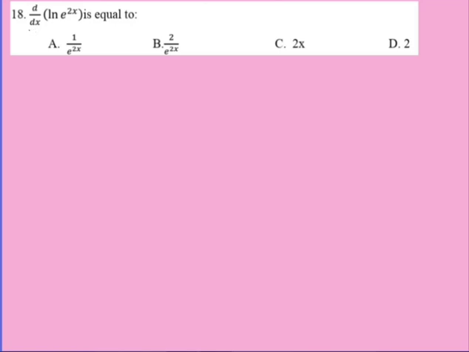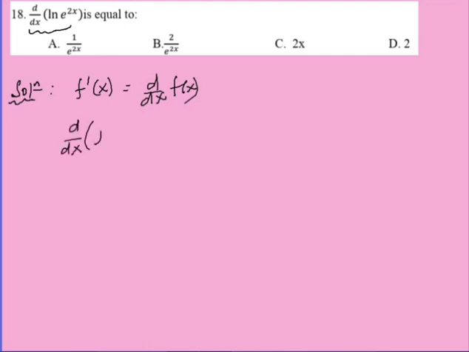Here we are asked d by dx of ln x. D by dx means the first derivative, which can be written as d by dx of f of x. Here we are asked d by dx of ln of e to the power of 2x.